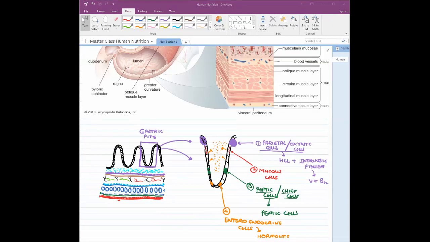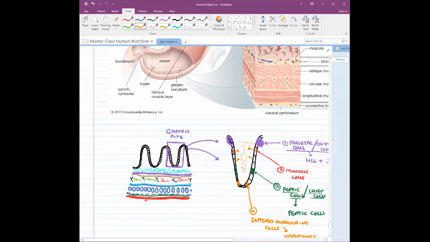So guys, this is what we need to know with regards to your stomach. If you want, I'll once again give you an idea. If we are talking about the stomach, what are the different layers of the stomach, from the inside to the outside? From the inside, first we are going to see your mucosa.